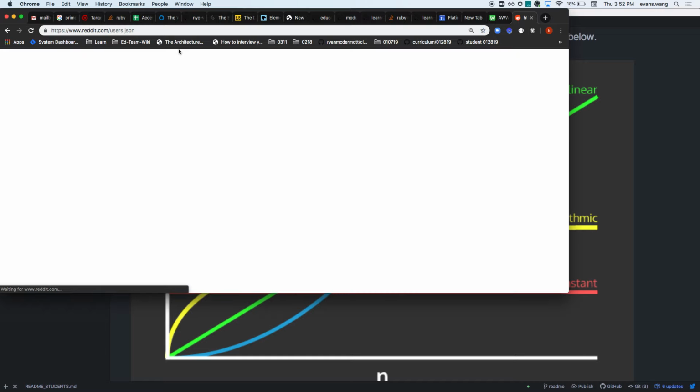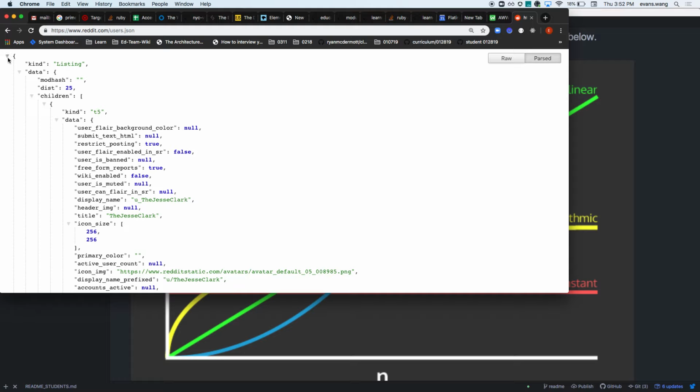So if for whatever reason I needed to manipulate some data, like if this was my data structure, I would have an object, right? I'd have one key, constant time, another key, constant time. That's not affecting it. But then I'd have to go through everything in children, and then inside the data, I'd have something. And if I wanted to look at the icon sizes, that'd be another nested iteration.